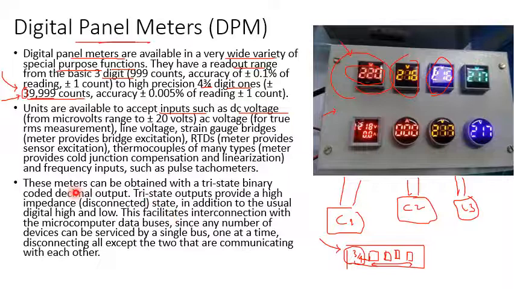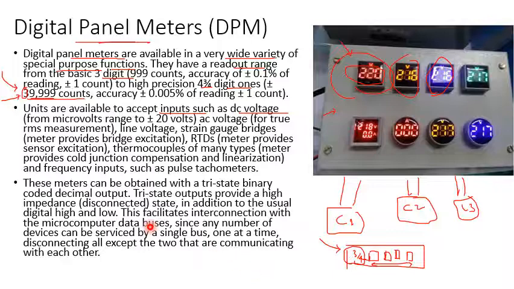Then next, these meters are obtained with tri-state binary coded decimal output. Tri-state means, like binary you have only 0 and 1, right? In this tri-state you will have 0, 1 and high impedance. That high impedance is there when your connection is not connected.